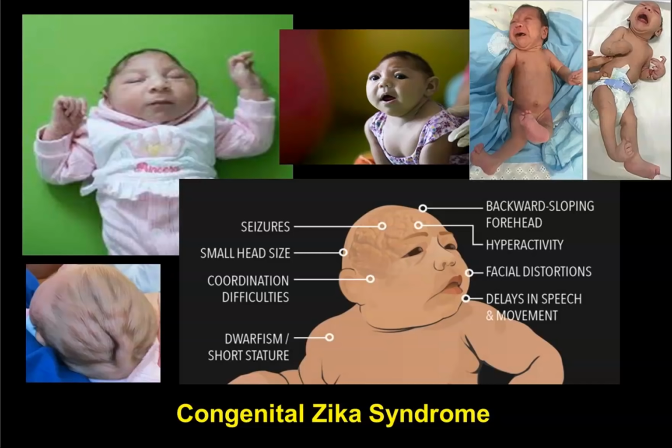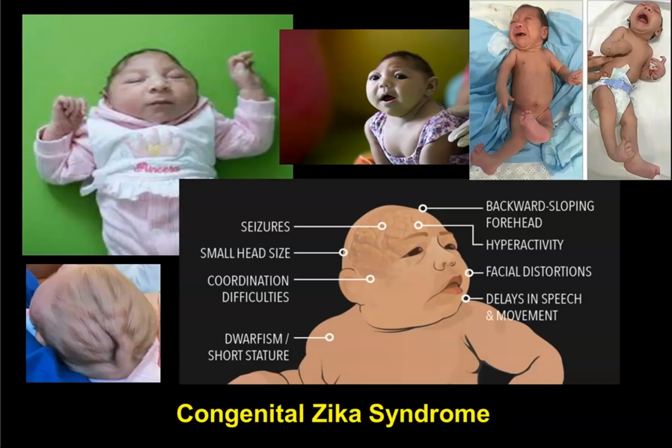And these babies have lots of problems. They're at risk for seizures, microcephaly as I mentioned, and coordination difficulties. They have ultimately short stature, and they are plagued with hyperactivity, and certainly a lot of neurodevelopmental delay, and opisthotonic type posturing as well, with contractures, is also seen.